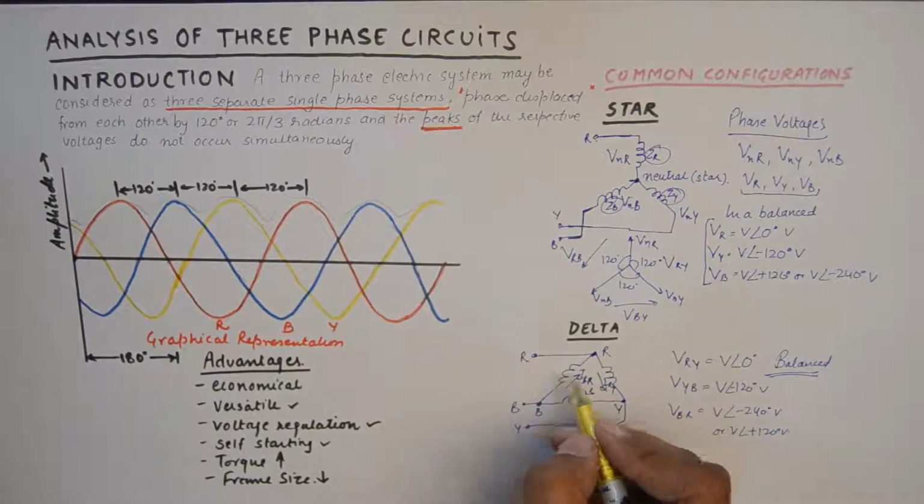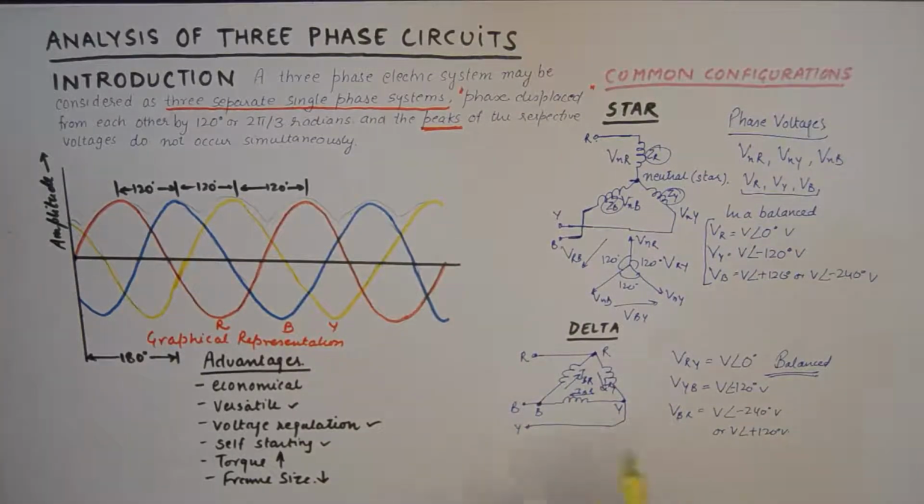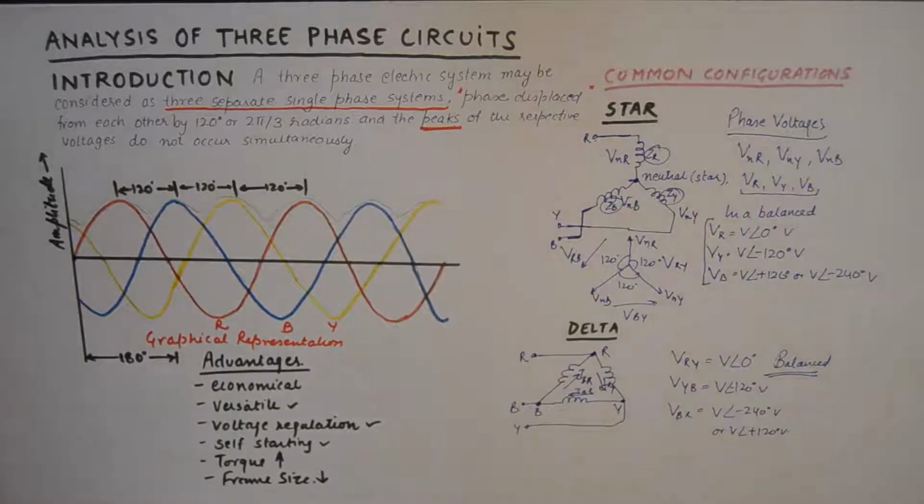If these impedances differ, then of course the currents will also differ, and the voltage will be uneven. So for the sake of simplicity, in the coming lectures also we'll restrict our discussion to balanced star and balanced delta networks.